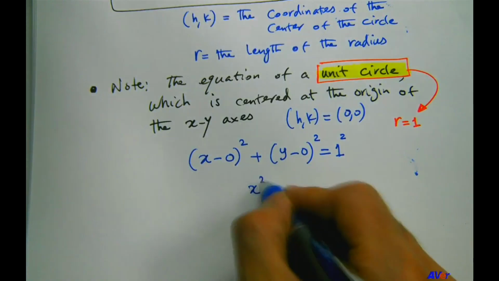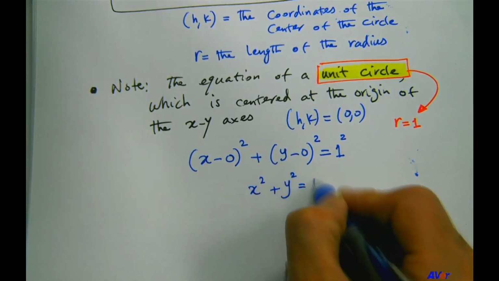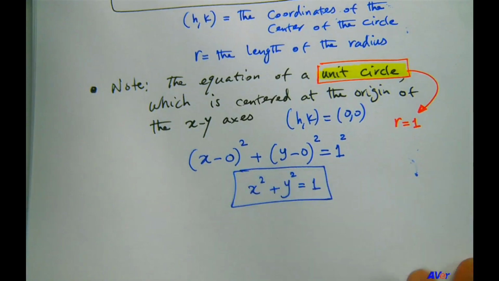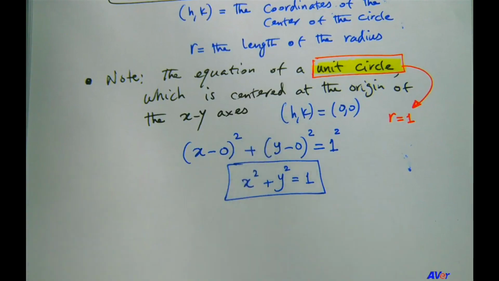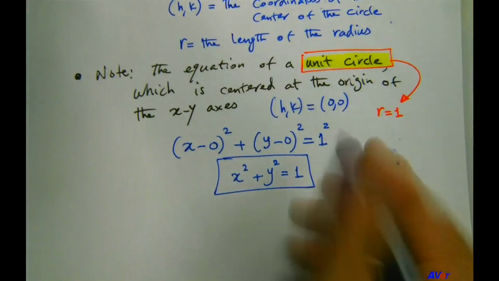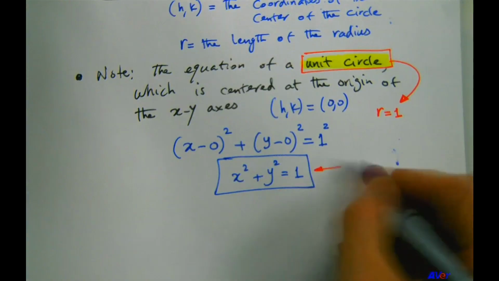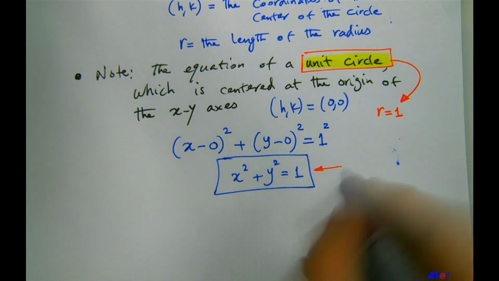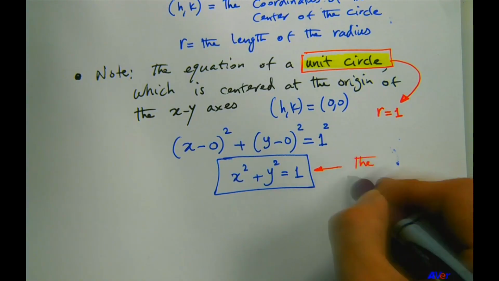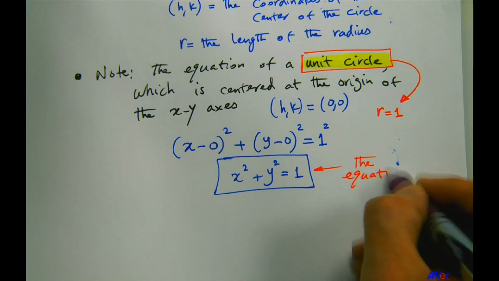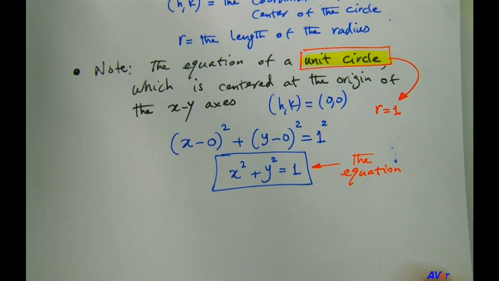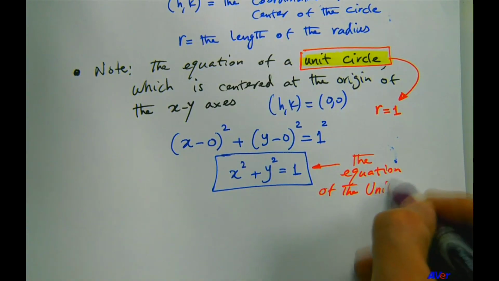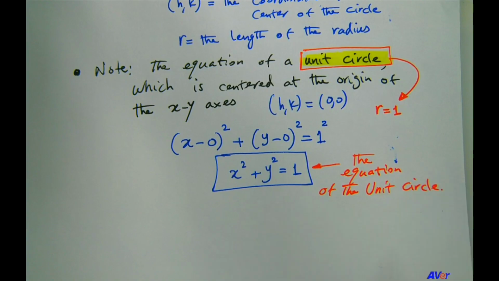We get x squared plus y squared equals 1. And this is the equation of a unit circle. Again, this is very, very important to remember as well. In this whole class, we will use that relationship in one way or the other.